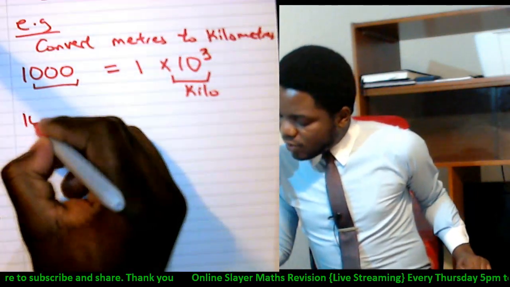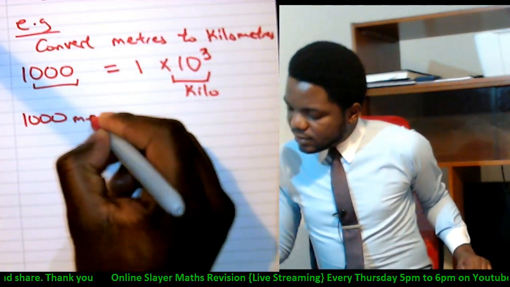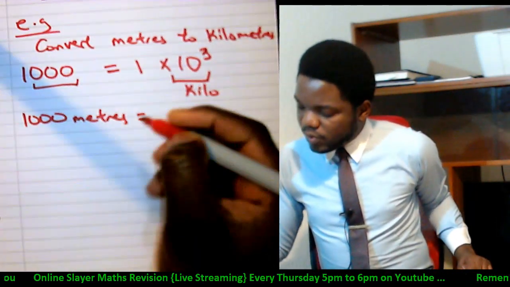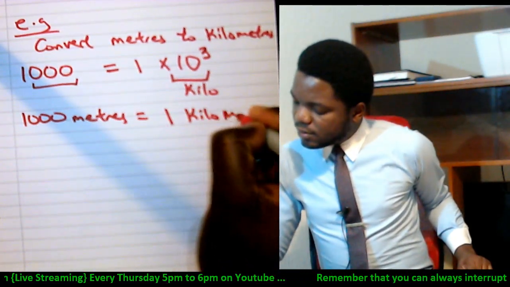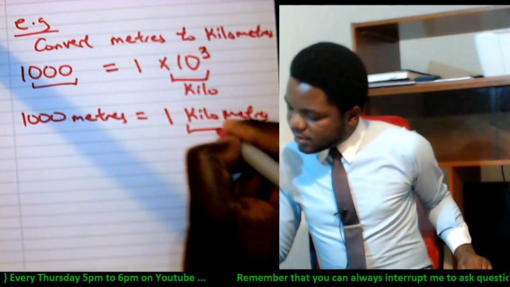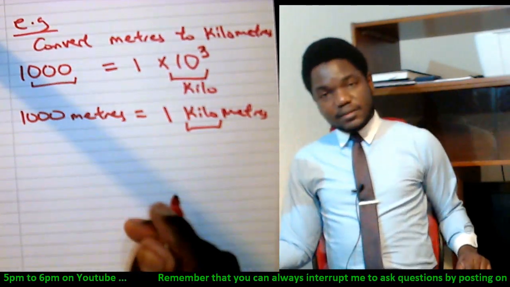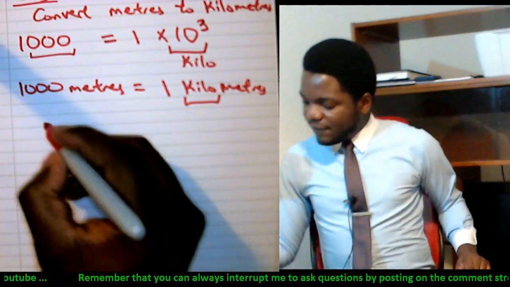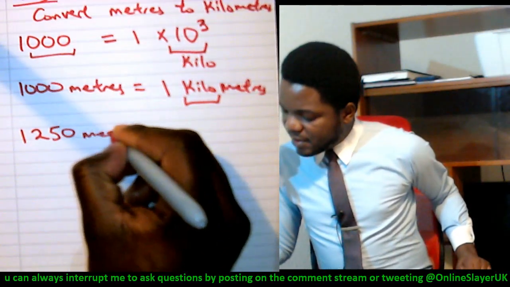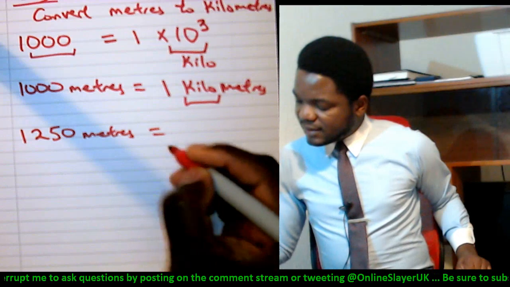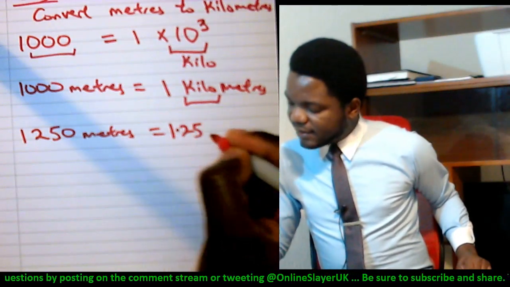So if we say 1,000 meters, we want to actually have it as 1 kilometers. So this represents 10 to the power 3. So if you have 1,250 meters, that's the same thing as 1.25.